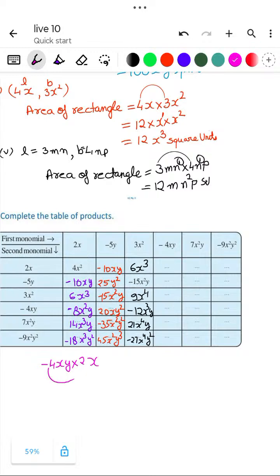Negative 4 into 2 is negative 8. x to the power 1 plus x to the power 1 is x to the power 1 plus 1, which is 2, and y. So the answer is negative 8x square y.